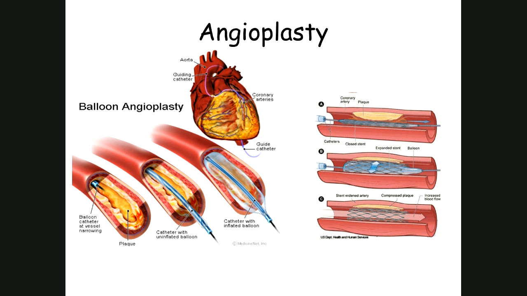Angioplasty, you might have heard this word. They will remove all this fat, and then they will push this plastic bag inside the blood vessels like this, and this helps in free flow of the blood.